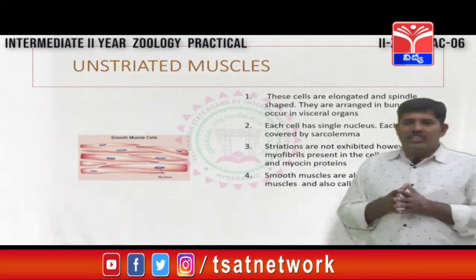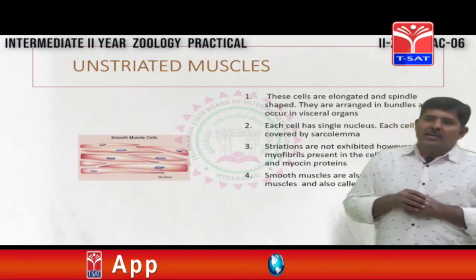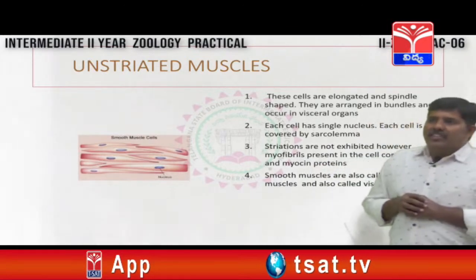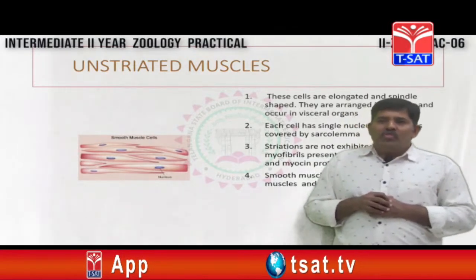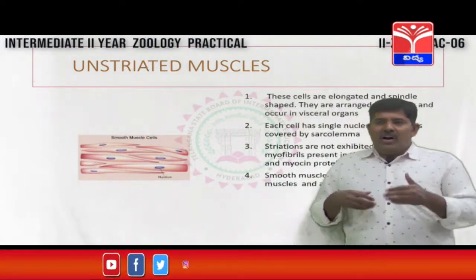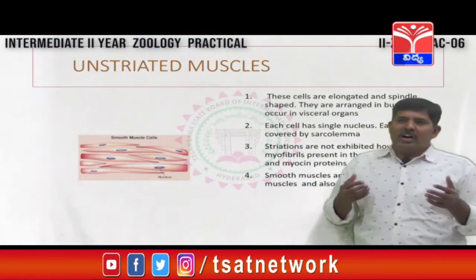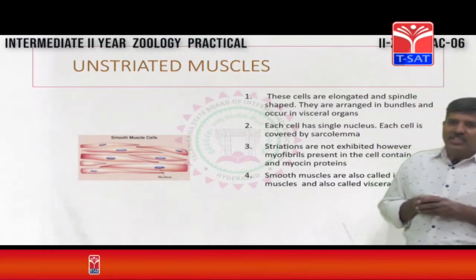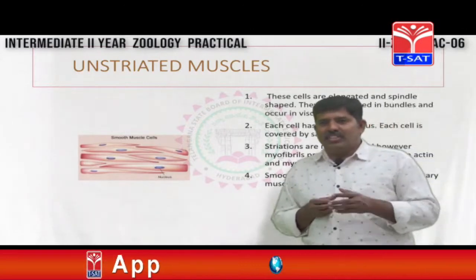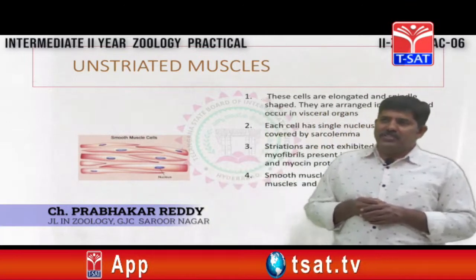Because there are no dark and light bands on the muscles. They are involuntary muscles, operated automatically, so they are called involuntary muscles. There is no fatigue condition for these unstriated muscles.